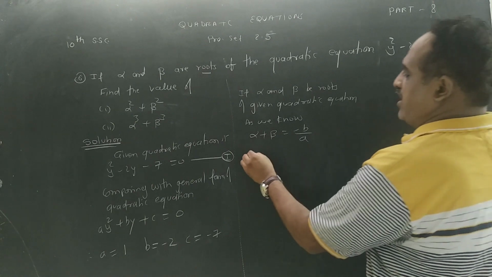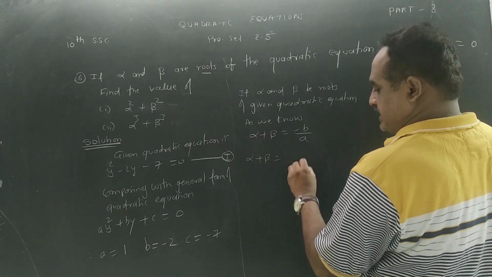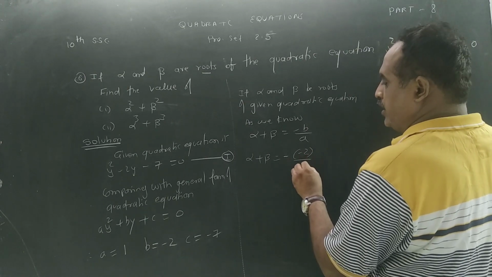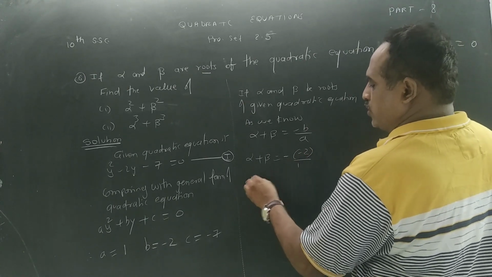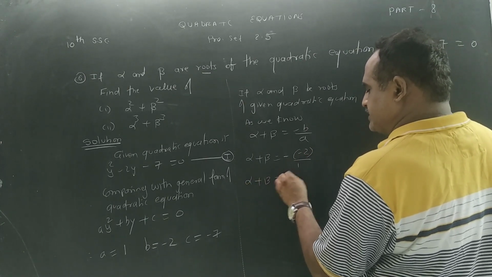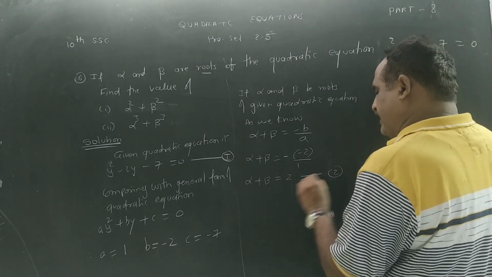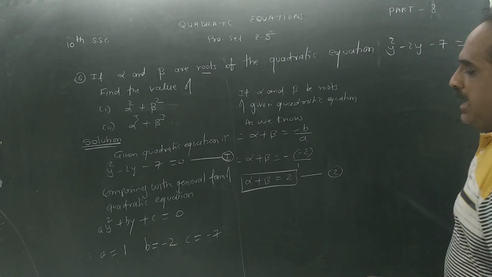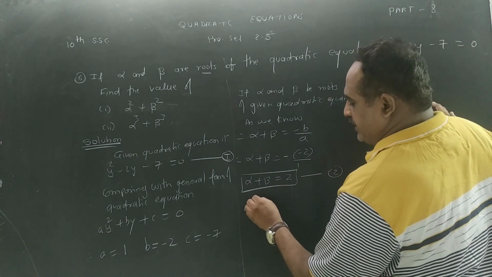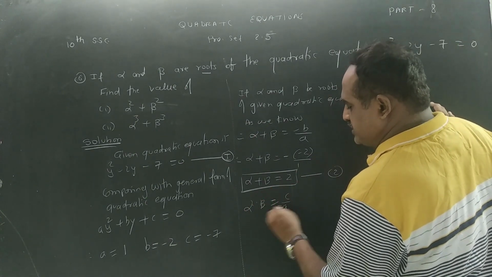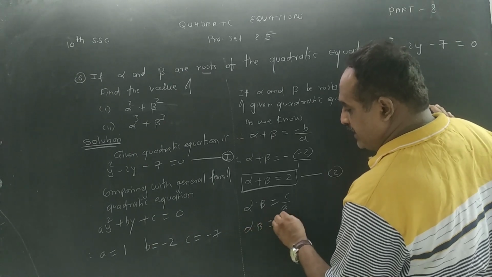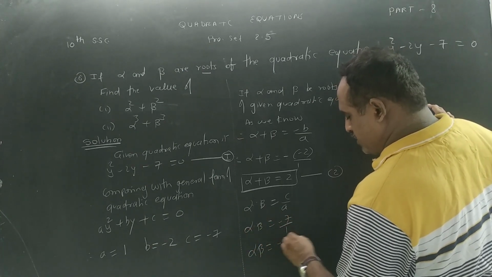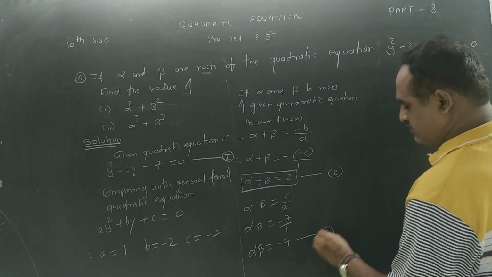So alpha plus beta is equal to minus of minus 2 upon a, which is 1. So alpha plus beta is equal to 2. I will take it as equation 2. And alpha into beta is equal to c upon a. So alpha into beta is minus 7 upon 1. Alpha into beta is equal to minus 7, equation 3.